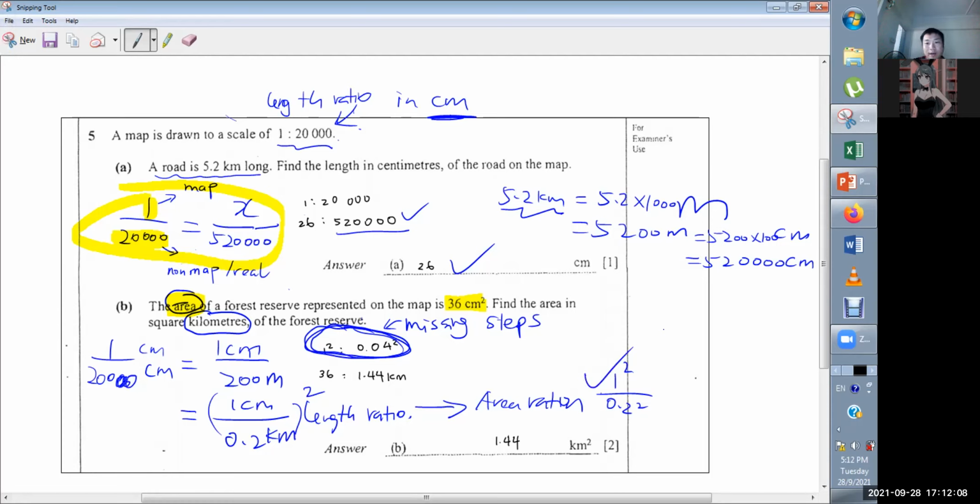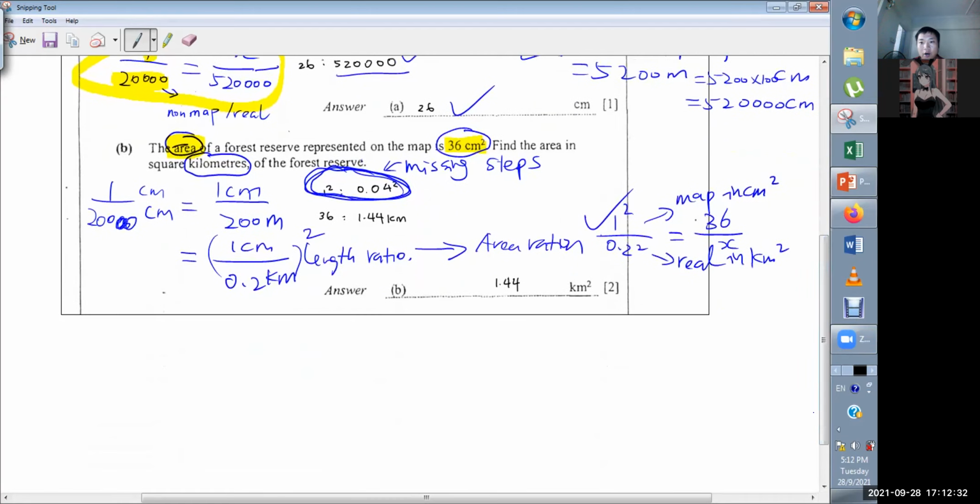So once you have this step, over here is for the map in cm square. Over here is real in kilometer square. So what you do next is they already tell you it is 36 cm on map. So 36 cm above, then you need to find out this x. So you just have to solve this accordingly.